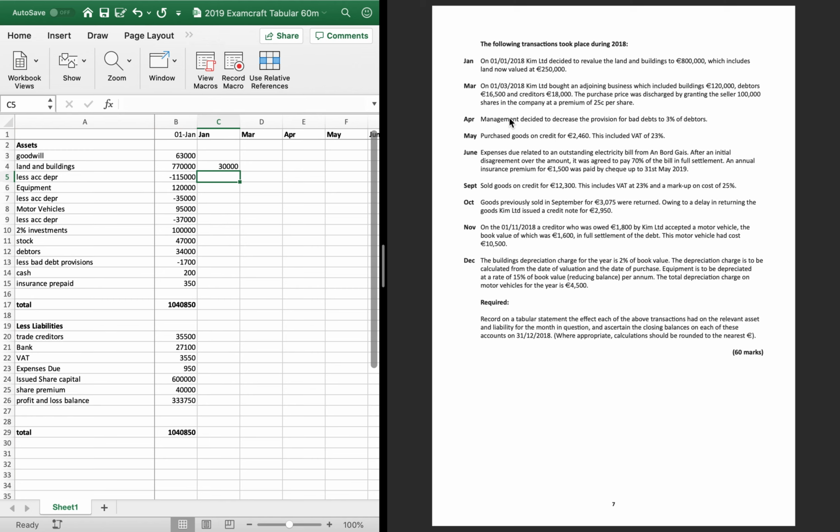You get rid of all accumulated depreciation. So minus 115 has to go to zero. So it'll be plus 115. And then the two together is a revaluation reserve. So 115 plus 30 is 145 revaluation reserve, which we know is a financed by.